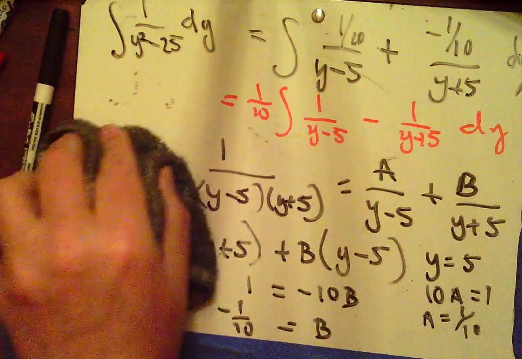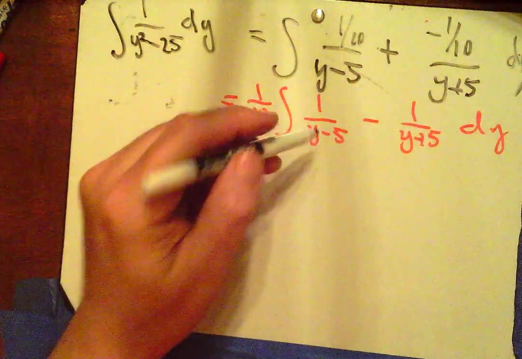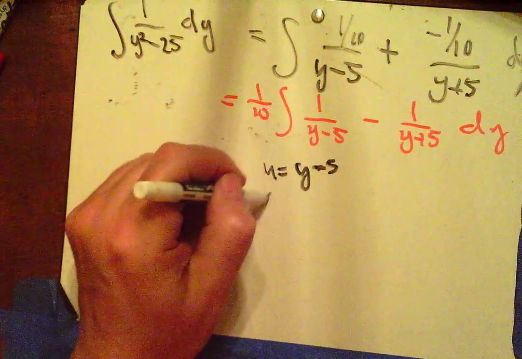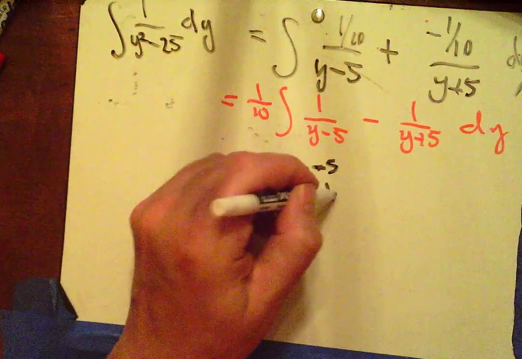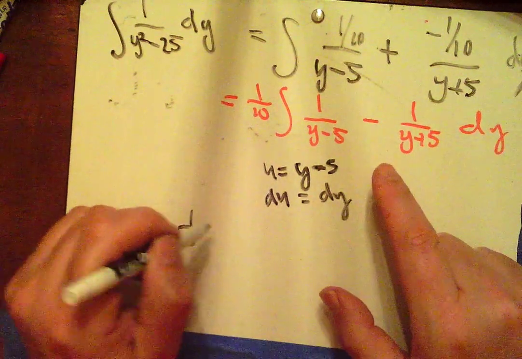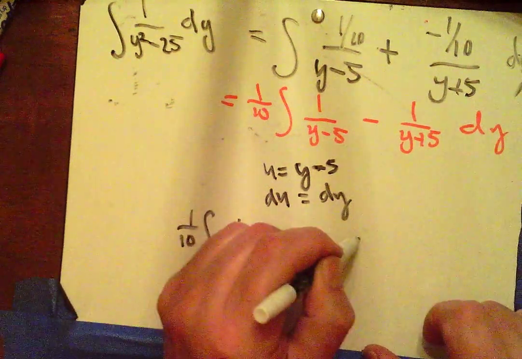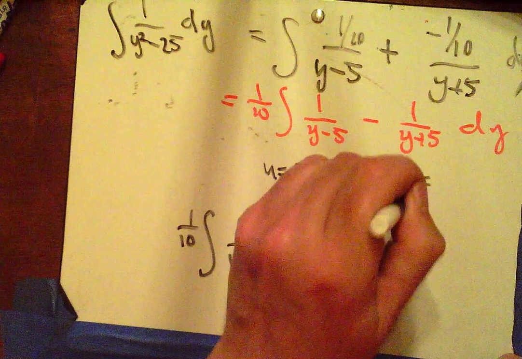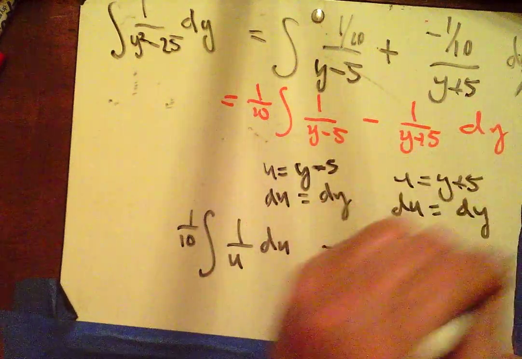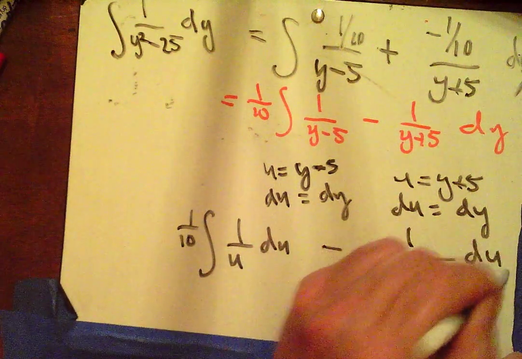So this would be the moment in time when I would think about a u sub. Like here, I can say that u is equal to y minus 5 and that du equals dy. And so I've got 1/10 integral of 1 over u du minus, and I could do the same thing here, u equals y plus 5, du equals dy, and so we've got 1 over u, and that's a du.